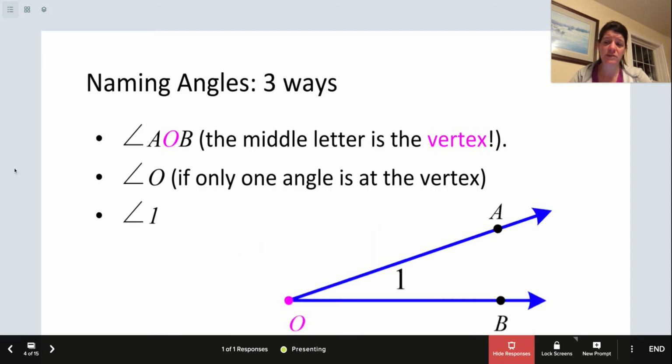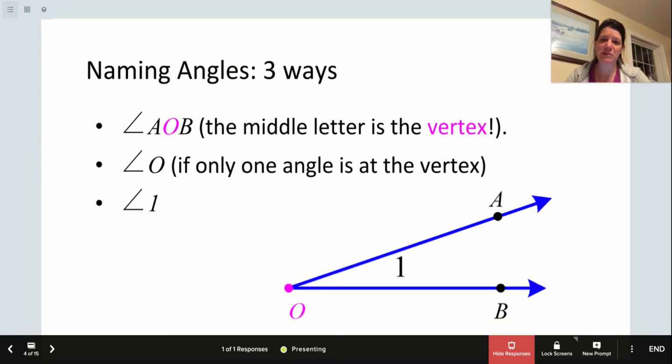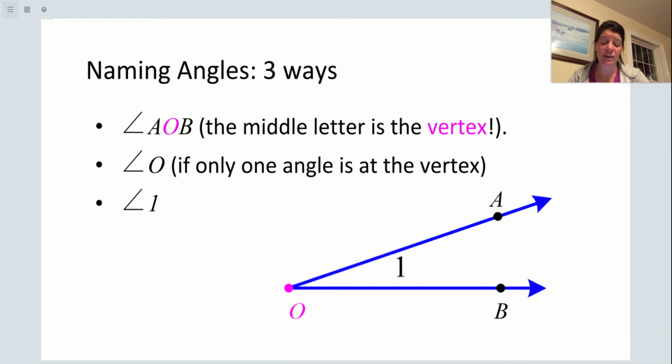Okay, there are three different ways to name angles. So I can use three letters. So in this case, we have angle AOB. And then I could also do angle BOA.